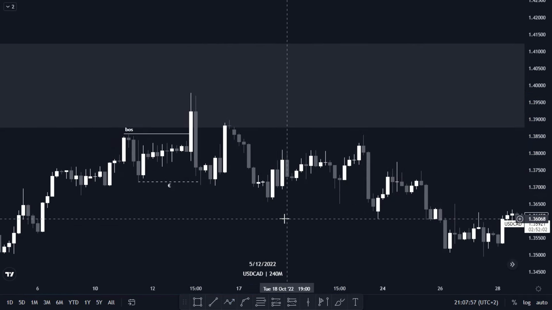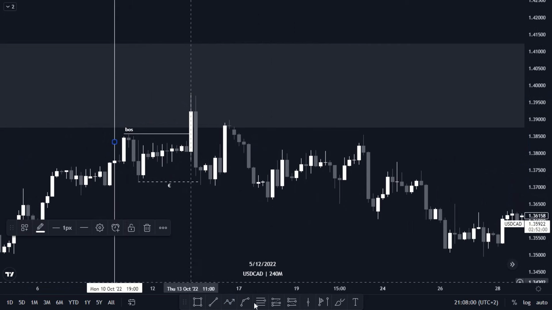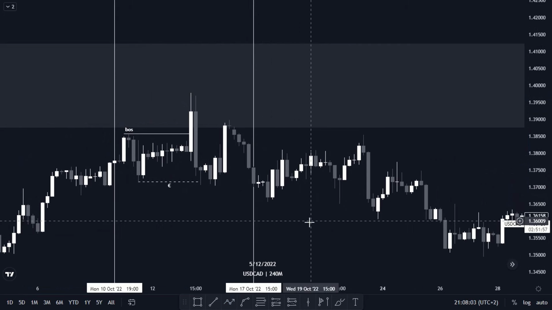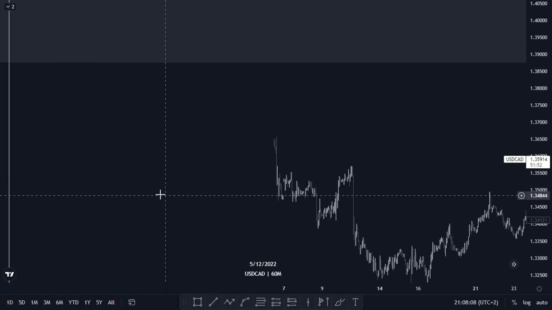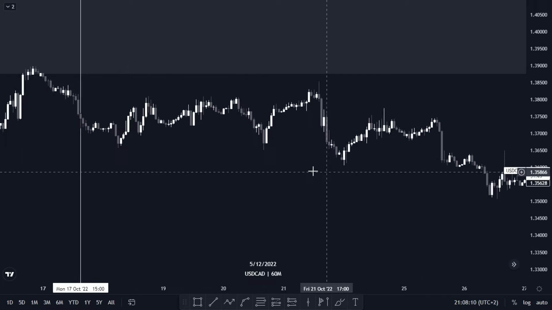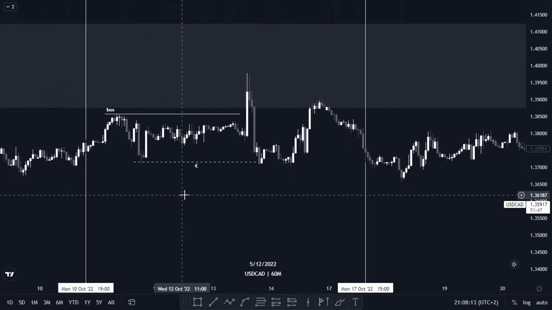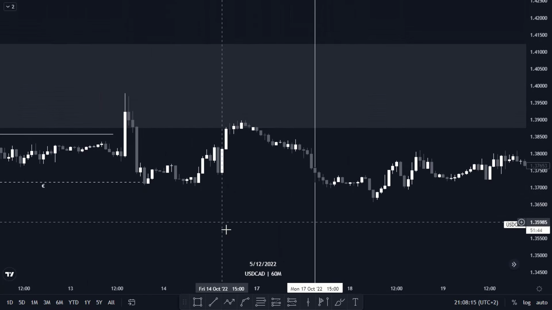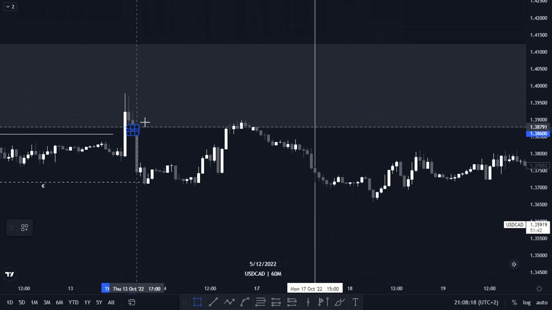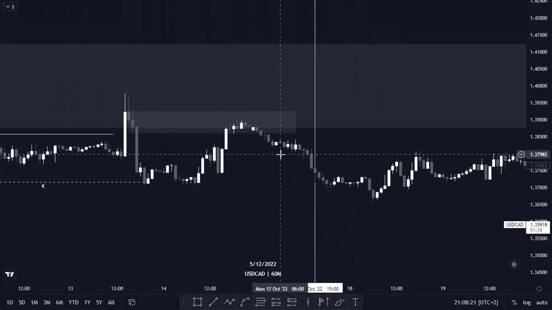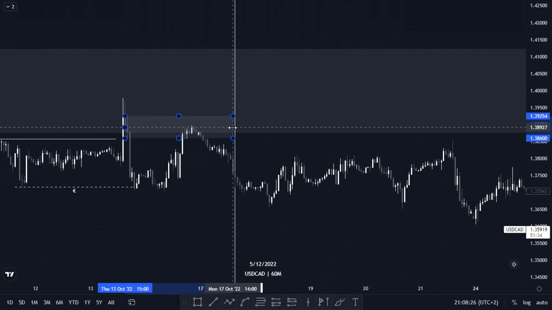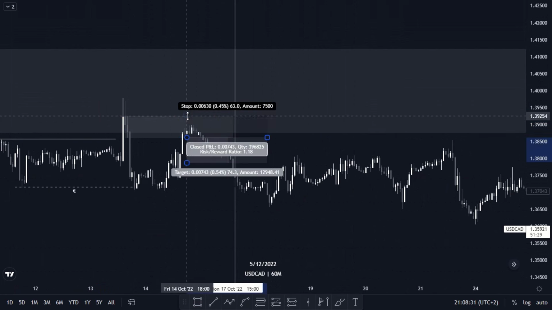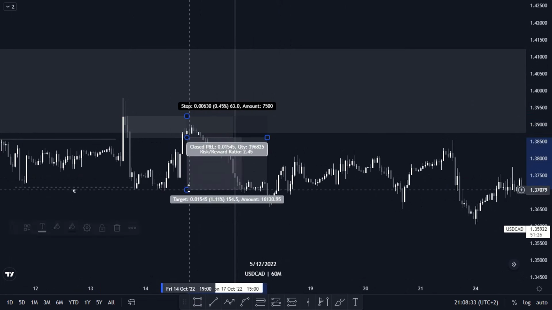Okay, so scaling in to the hourly chart, we can see there was this beautiful order block here that was mitigated, and price eventually pushed to the downside, mitigating our take profit here at this low here.